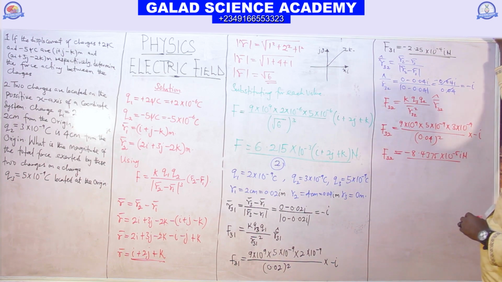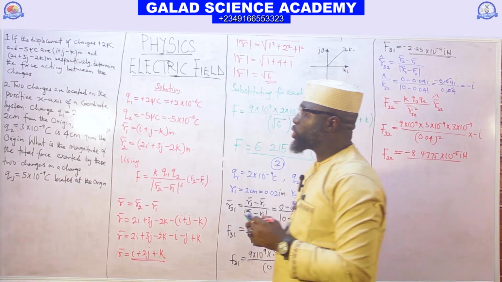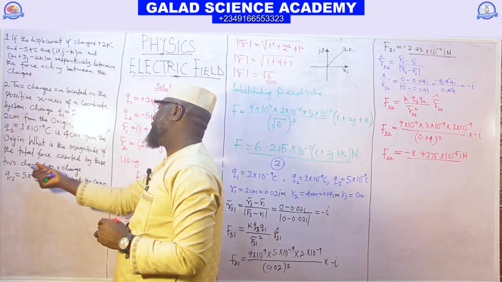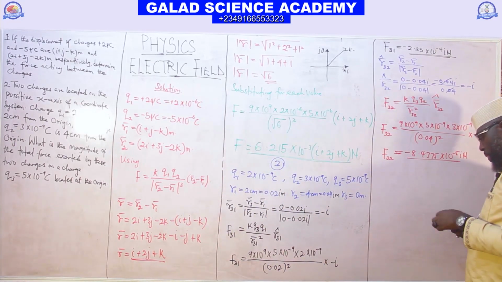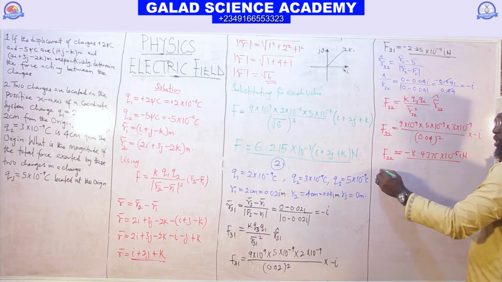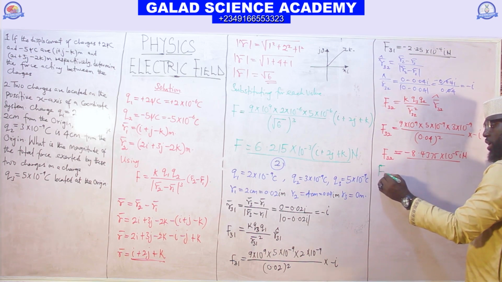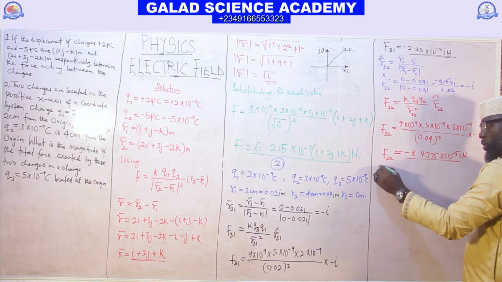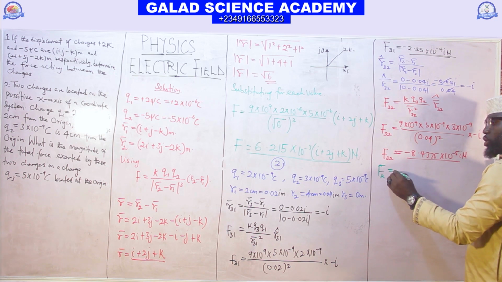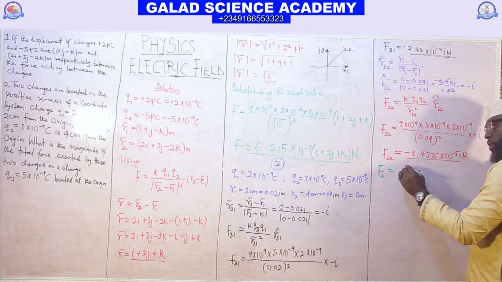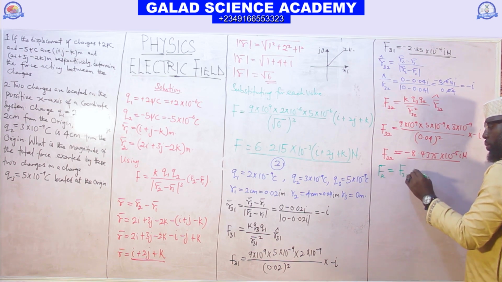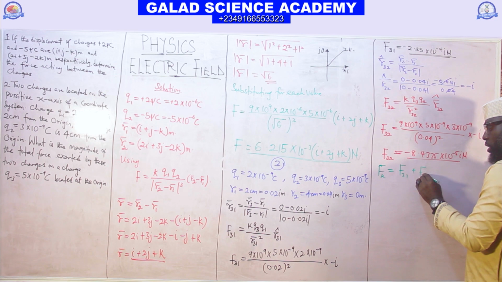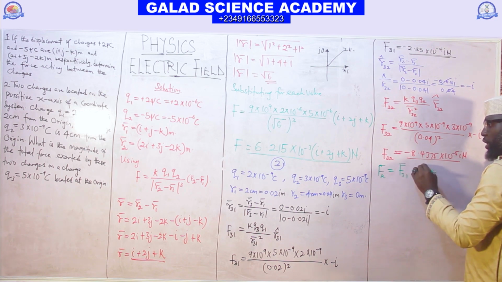And we are asked to find, from the question, the total force exerted on these two charges. So the total force will be the resultant force. The resultant force FR should be equal to force 31 plus force 32, vectors.